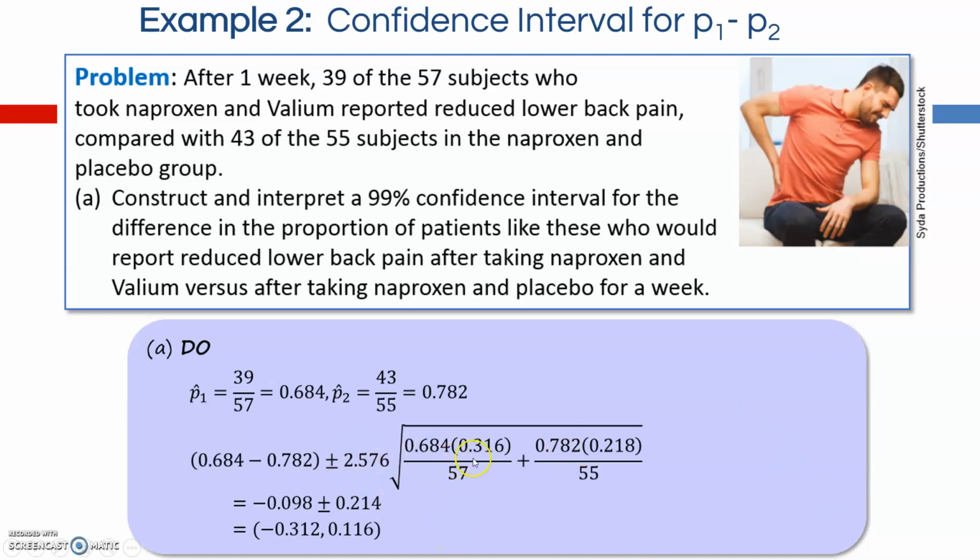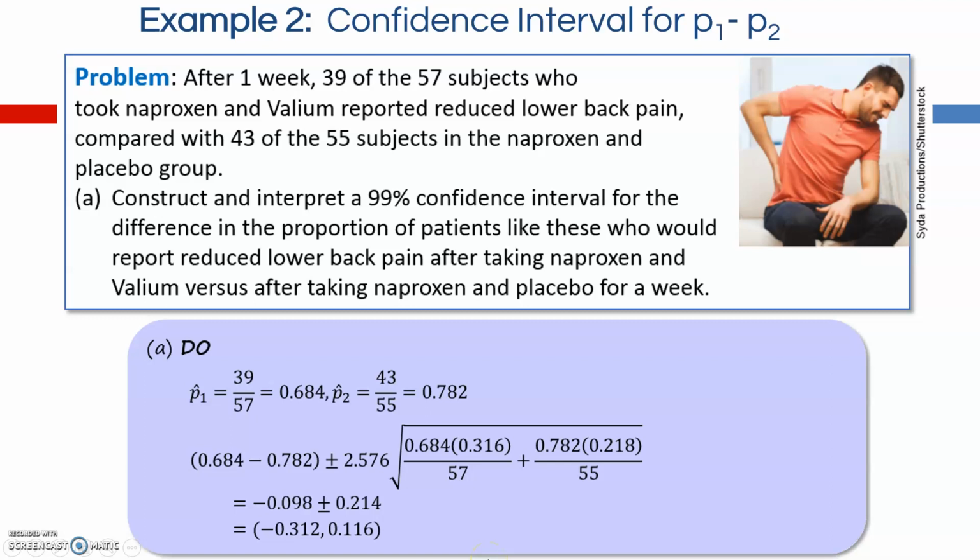All right, now these are constructed by using P hat sub 1 times 1 minus P hat sub 1 divided by N sub 1, and then you do the same for your P hat sub 2, and that had a different sample size as well. So if you did all of this right, this is all called, again, your margin of error. Your margin of error should be 0.214.